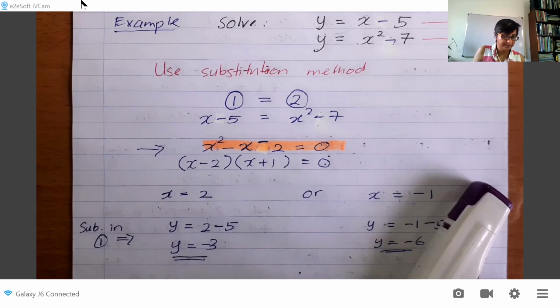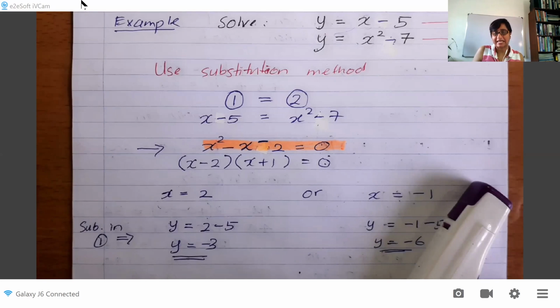We can say how many pairs of solutions the original pair of simultaneous equations, the original pair of SE, would have.